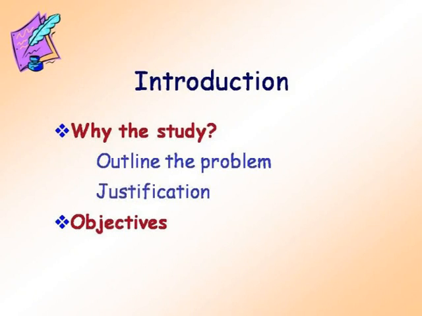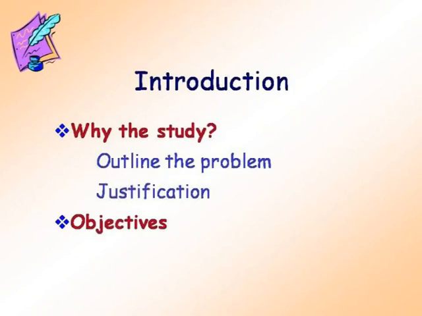So the methods you select will have to be such that the objectives will be answered using the methods which you are selecting. So that's why, even if a paper has different sections, there is a common thread running through all the sections. So the introduction basically has these two. The first is why the study, and the second part is the objectives of the study.